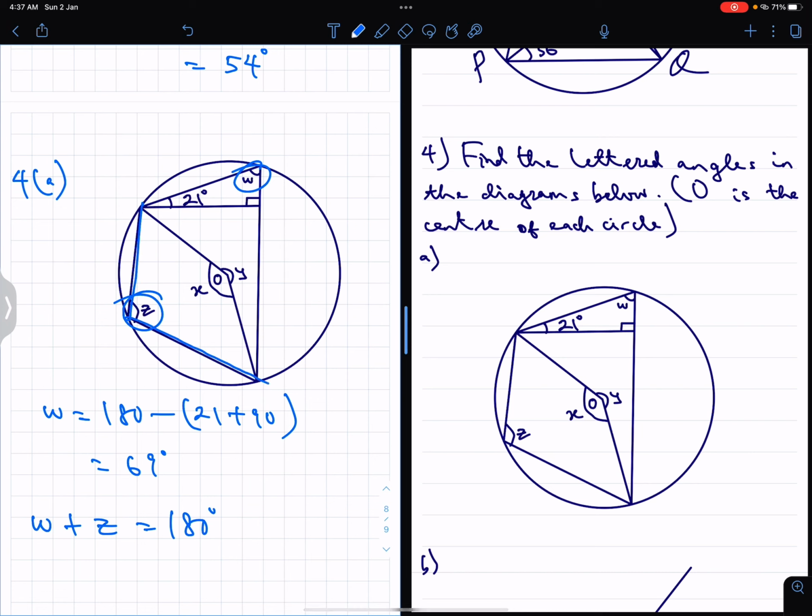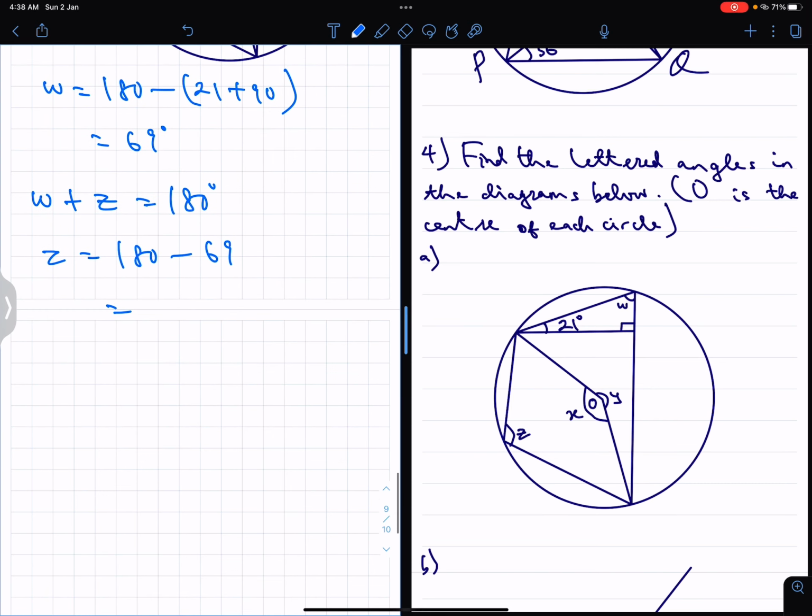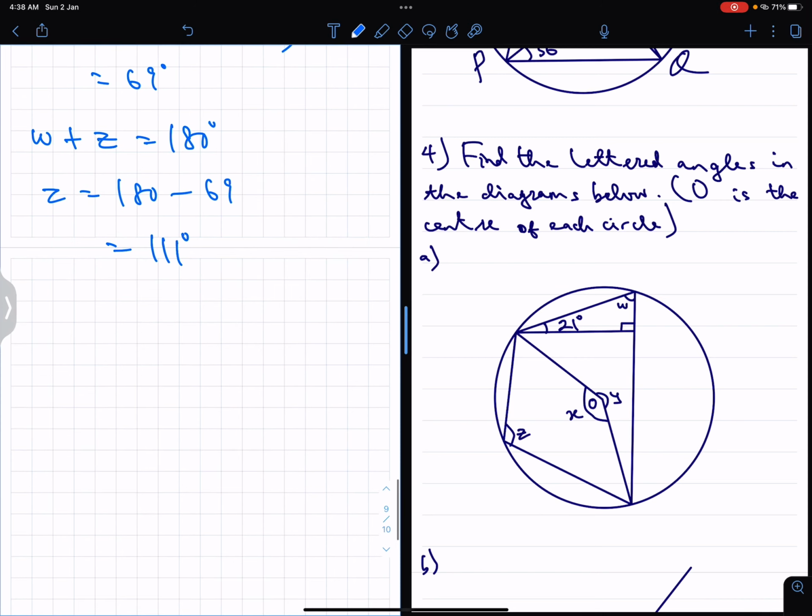This is a cyclic quadrilateral 1, 2, 3, 4. All its vertices are on the circumference of the circle. W and Z are opposite angles of that quadrilateral, and their sum is 180. That simply means angle Z equals 180 minus W, which is 180 minus 69, and that's going to be 111 degrees. 180 minus 60 is 120, minus 9 is 111 degrees.